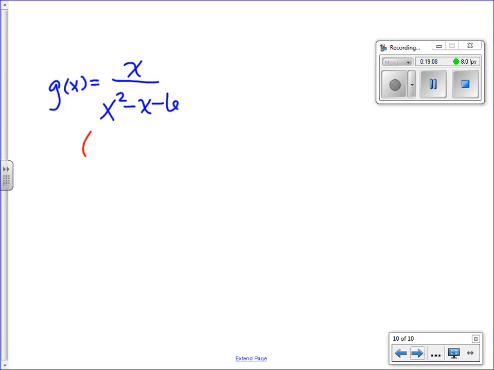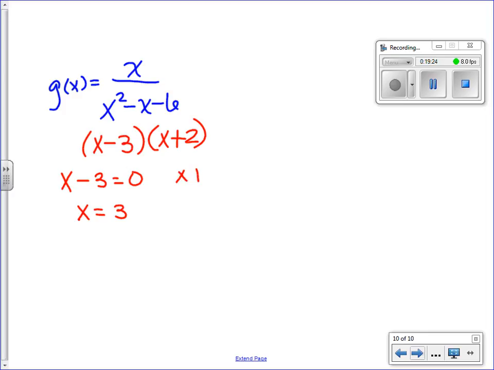What is this factor here? X plus 2? So we have vertical asymptotes at x equals 3 and x equals negative 2.